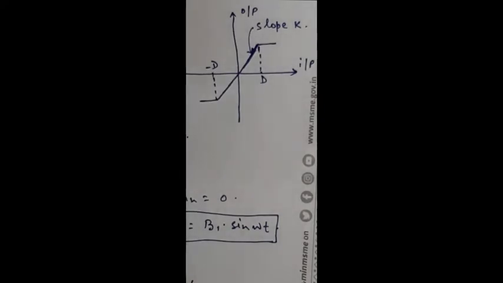When the system has linear characteristics, we assume that the slope of the system is k, and after a certain range of input, that is d and minus d, we reach saturation, and the system becomes nonlinear after that range.